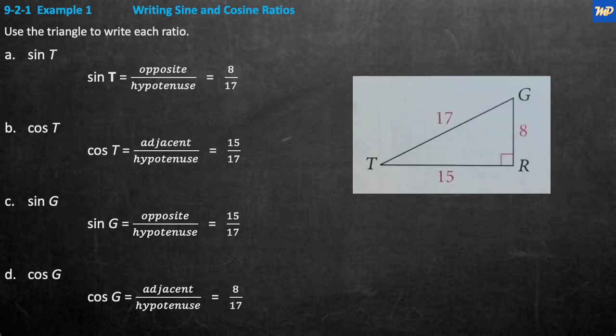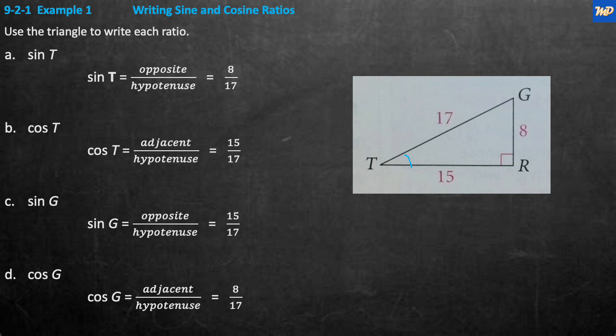Example 1, writing sine and cosine ratios. It says use the triangle to write each ratio, and they've listed 4 of them here, A, B, C, and D. Starting with A, what's the sine of angle T? Angle T is right here. The sine of T is the opposite side divided by the hypotenuse.